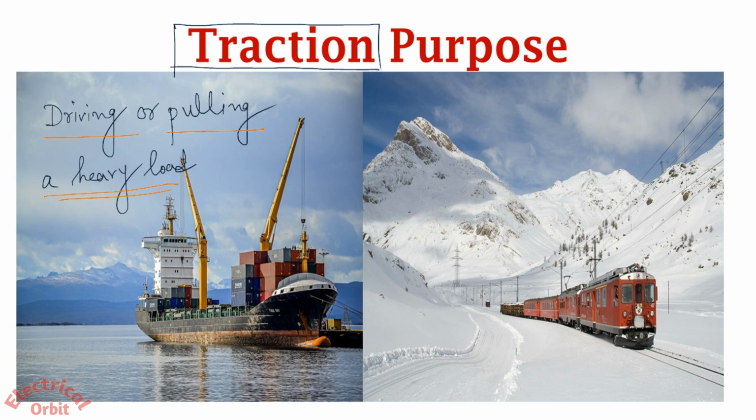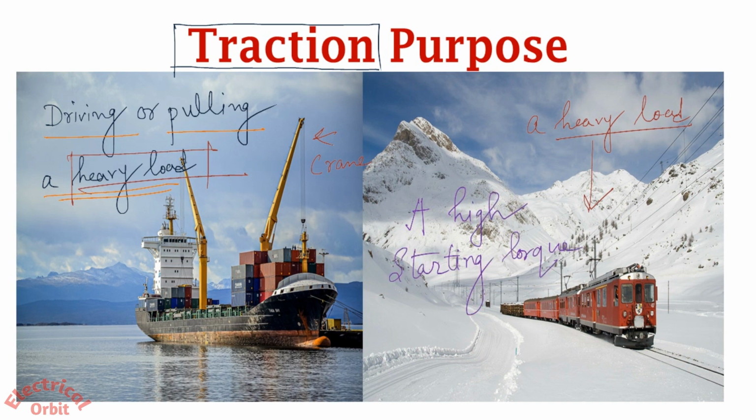This is traction. So whenever we are using a crane, we are hoisting a heavy load through the crane. Next, if a locomotive like this is running, then it is also pulling a heavy load. To pull a heavy load, we need a high starting torque. This is a very important concept.